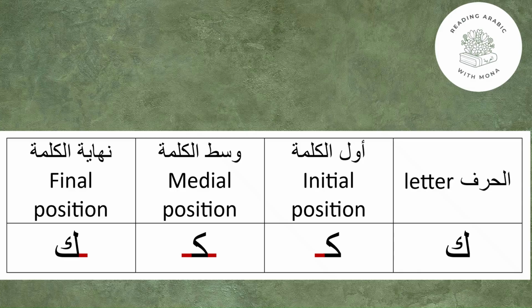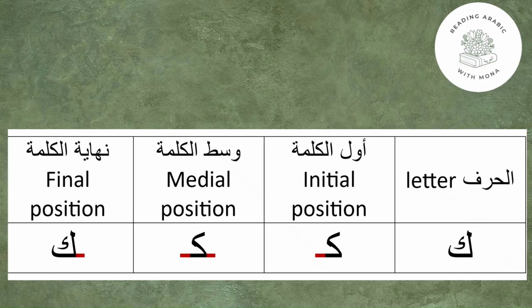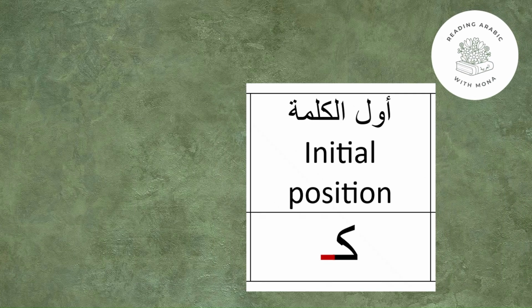Okay, now here we have our table. This is the isolated letter, and let's take a look at the initial position. Here in the initial position, as you can see, we have a totally different shape than the kaf that we know.